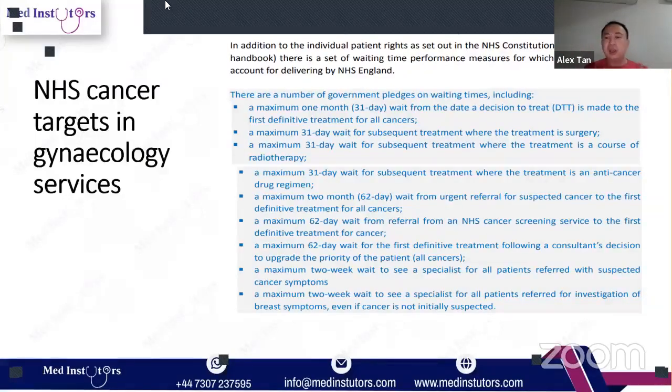So we do your hysteroscopy, your colposcopy, your laparoscopy, your CT, your MRI, your PET scan, and biopsies to confirm the cancer diagnosis.